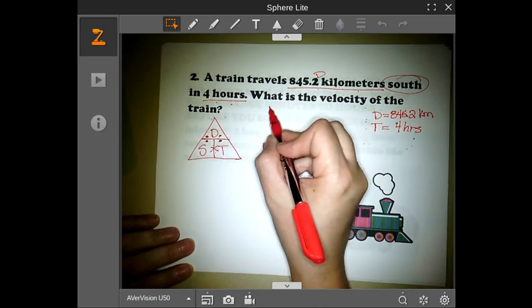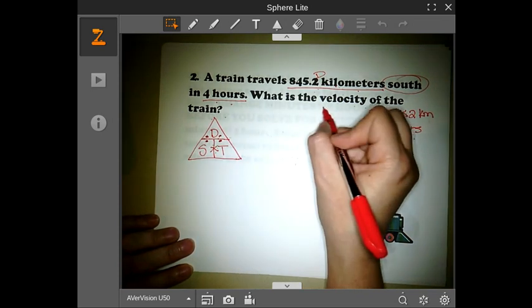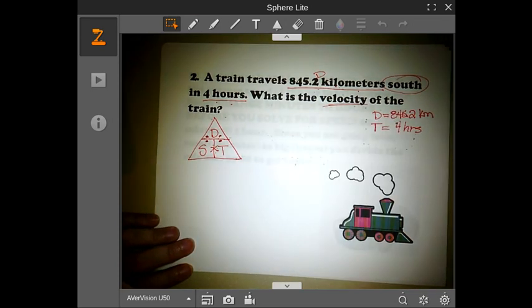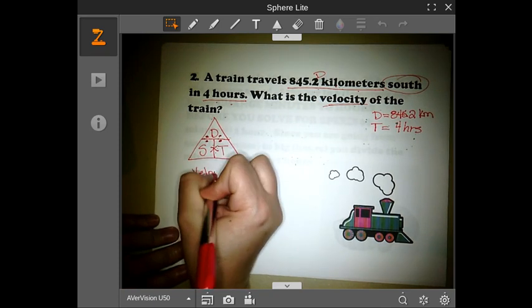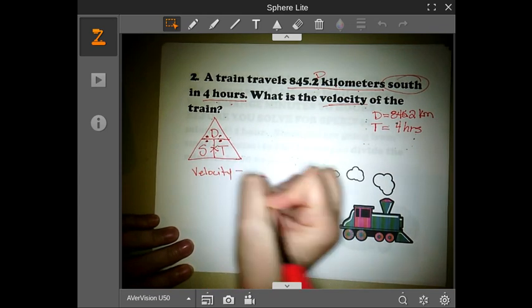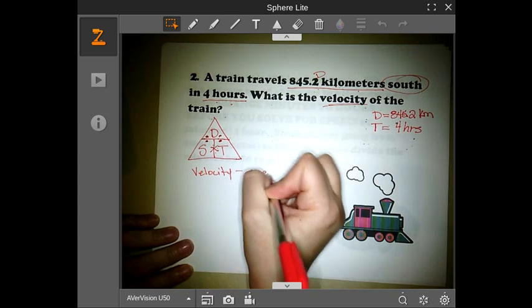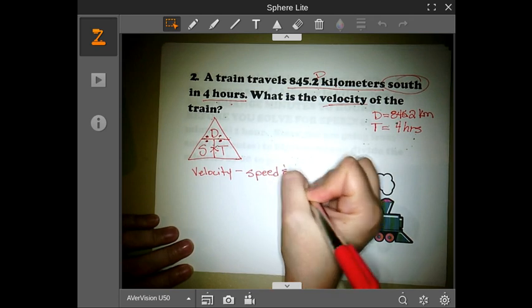Okay, now the question is, what is the velocity? So this time, direction is important. And what we also need to realize is that velocity is really just a speed and a direction.